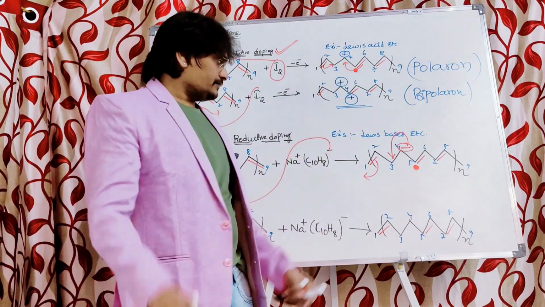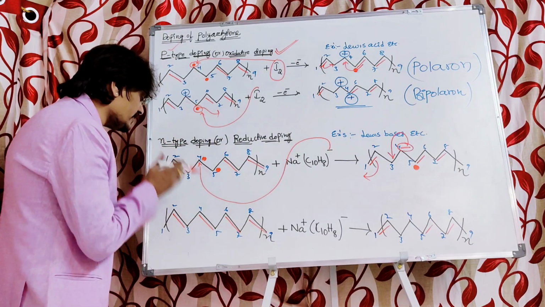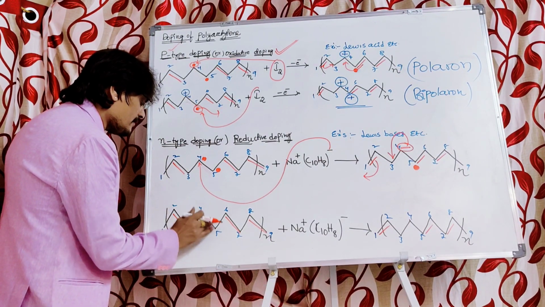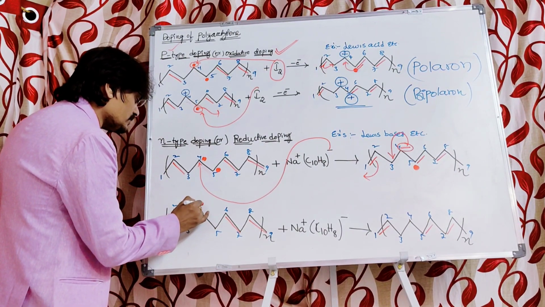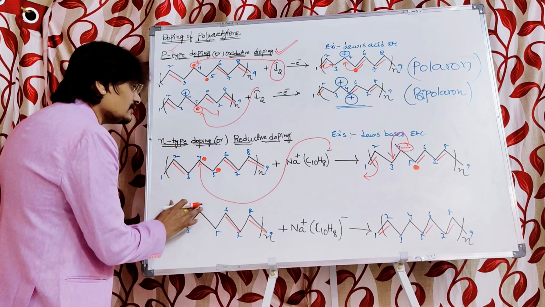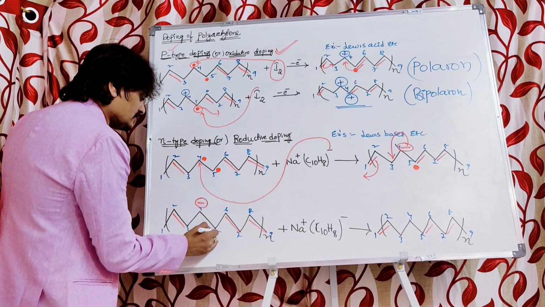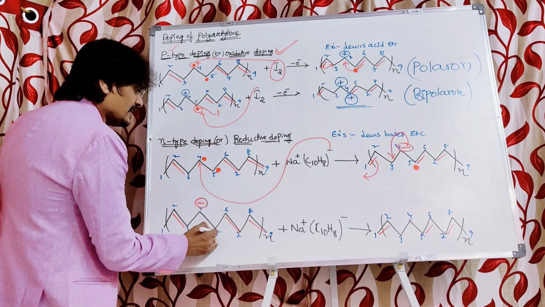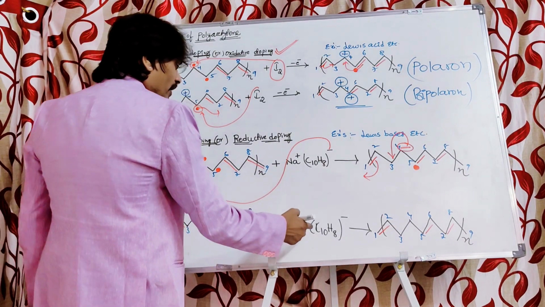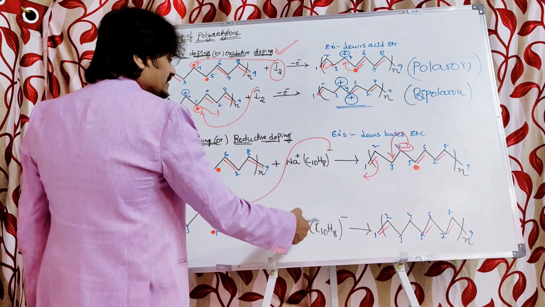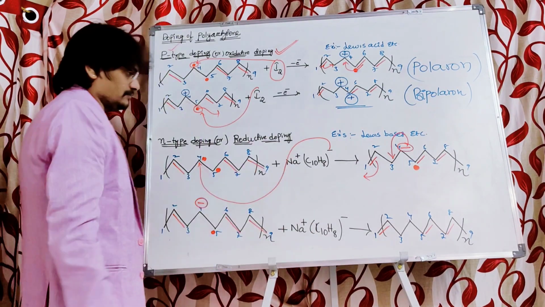Moreover, another electron is also there, students. So this fourth carbon has become negative. The fifth is there. This reacts with another moiety of this particular reducing agent, sodium naphthalide.